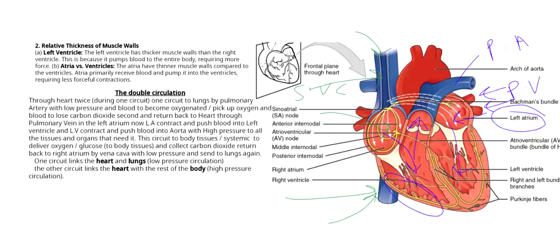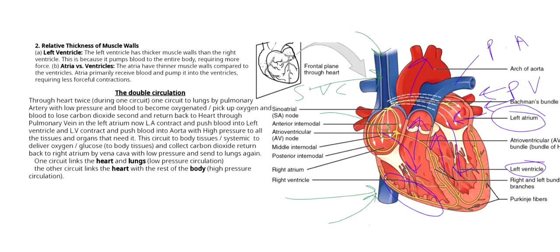Then the left ventricle contracts and pushes the blood through the semilunar valve to the aorta, and through the aorta blood is supplied to the whole body. So the left ventricle contracts strongly and has a thick muscular wall. That's why the pressure generated by the left ventricle is really high.